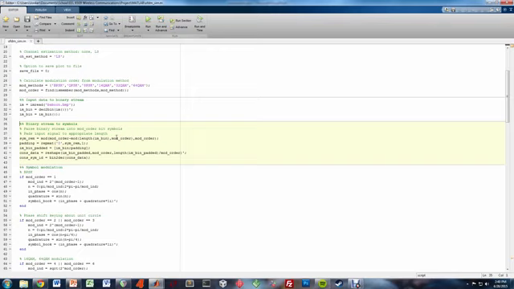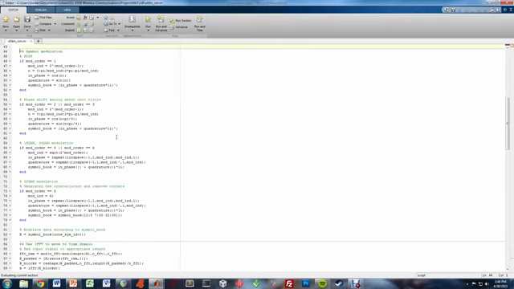So for 8PSK, the binary stream is grouped into blocks of 3, since 8PSK is capable of summarizing 3 bits of information. Once this completes, we go ahead and modulate the signal based off of the specified modulation method. In this case, we're using quadrature phase shift keying.